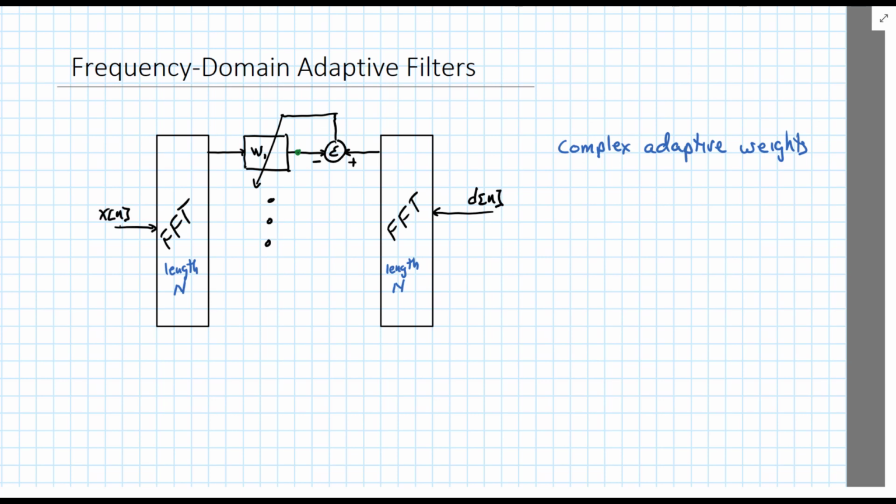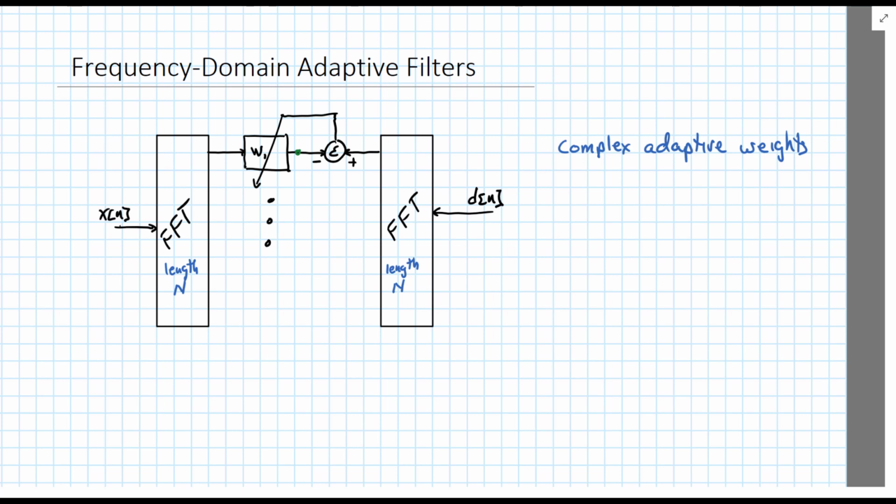Well, in the case of adaptive filters, we're taking advantage of some of that. We're also increasing our adaptation speed by operating with a separate adaptive filter on every single frequency band.